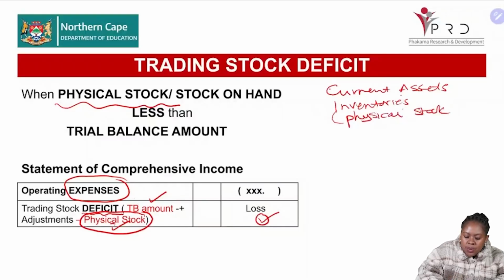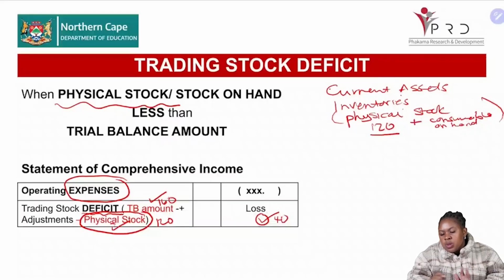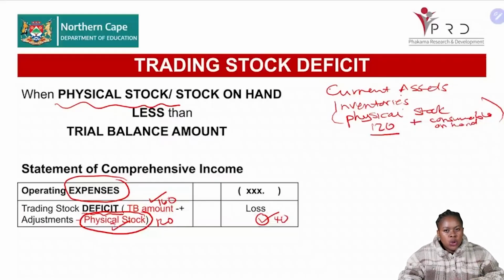So in this example, we said that our physical stock is 120, our trial balance is 160, and then we said we are losing 40. Okay, so that means which amount am I going to use? I'm going to use the 120 plus my consumables on hand. Okay, consumables on hand, we'll talk about it, but consumables on hand is any stationery packing material that you have on hand, the one that you did not use.